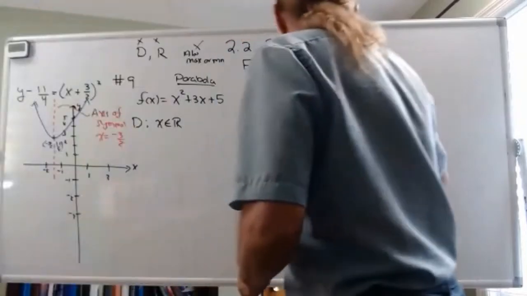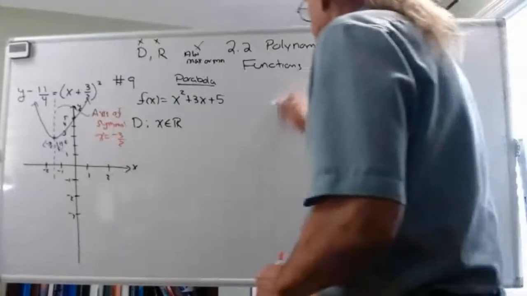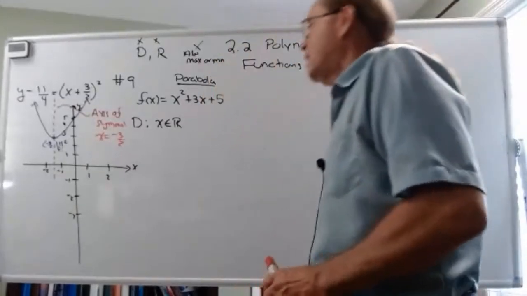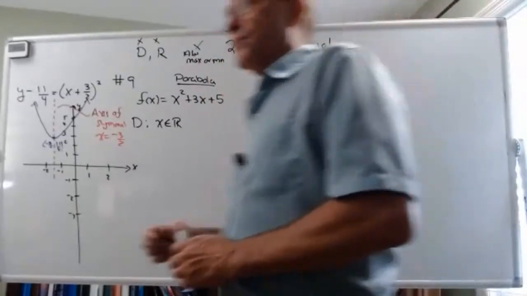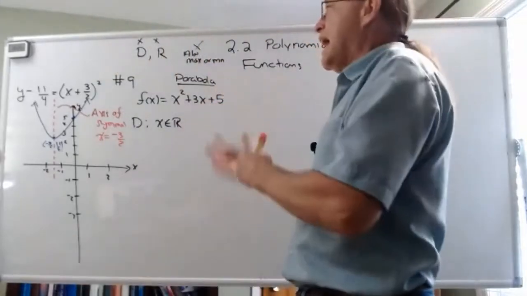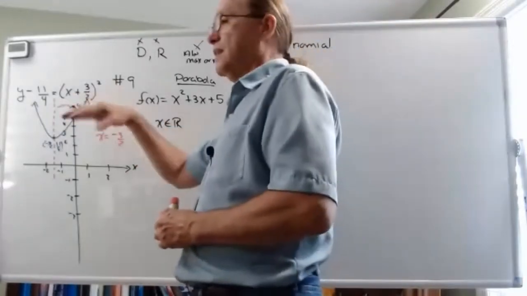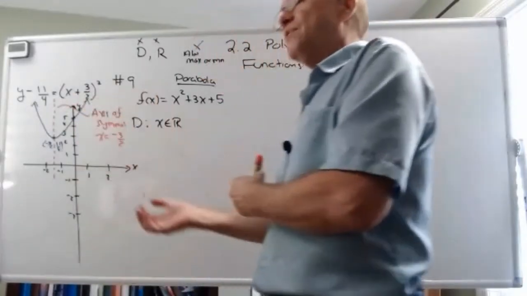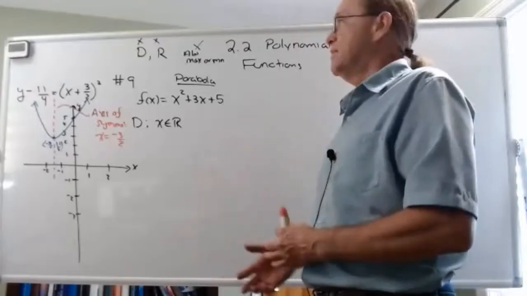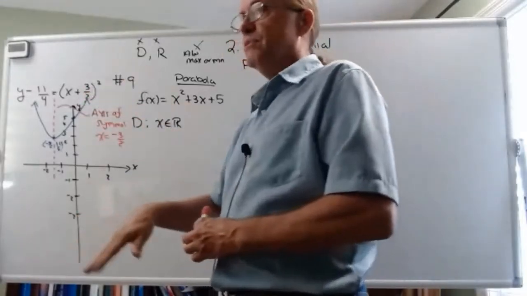No, you don't switch the x and y. That is when you're finding an inverse. So that was different. You do not swap x and y. We're not finding an inverse function. We're just analyzing this function, not its inverse. Yes, if we were finding an inverse, we'd switch the x and y, complete the square, and then we get the inverse function, which has a square root involved, because the inverse of the square is a square root.